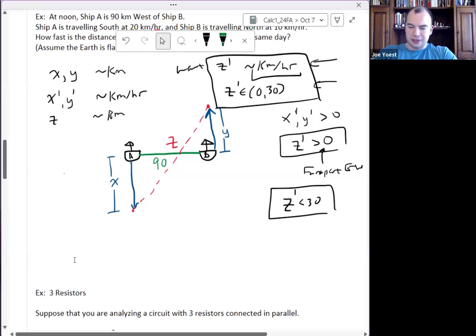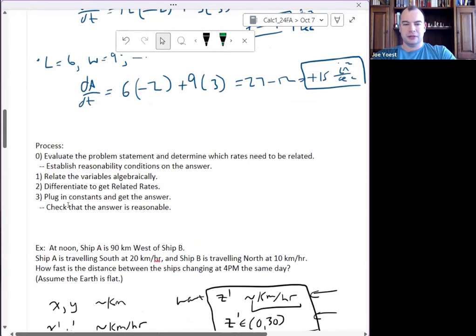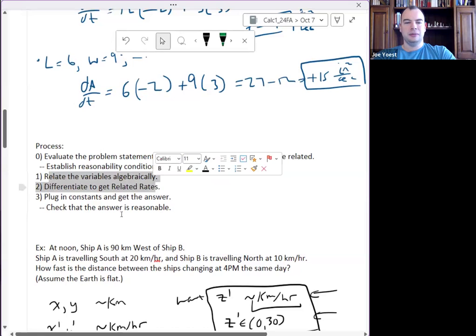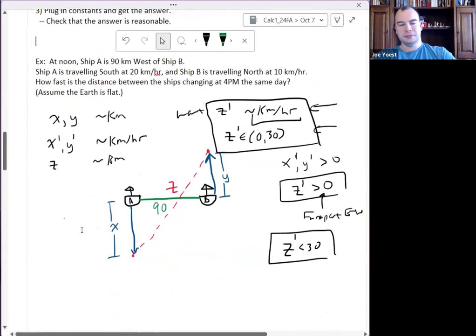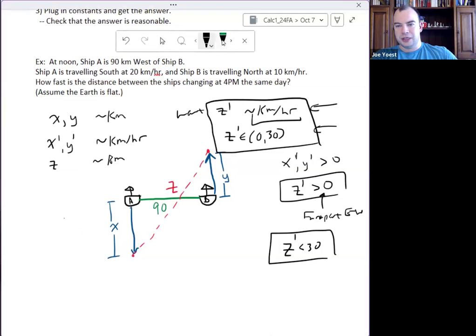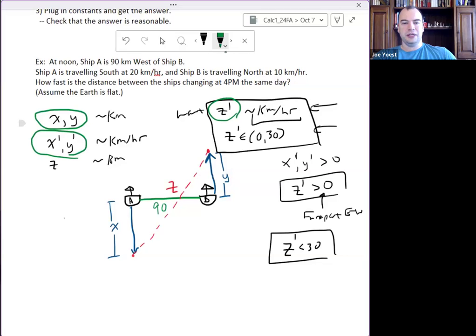Okay, so now let's move on and relate the variables algebraically. So we want z prime, and we have information about x prime and y prime, and we can easily get x and y and probably z from just basic algebra and geometry.